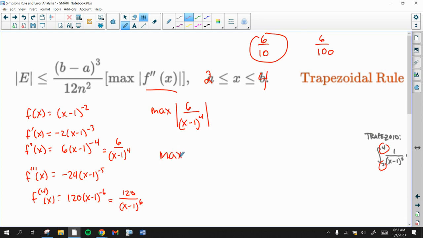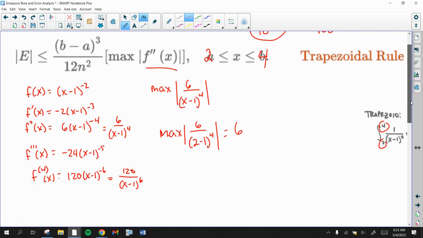So the maximum value of that derivative on the interval from 2 to 4 would be exactly this, which is a nice number. It's 6 over 1. So now we're good. So the error is going to be very easy to calculate.